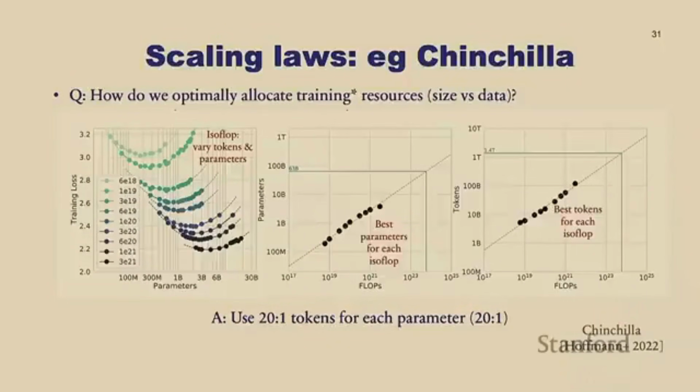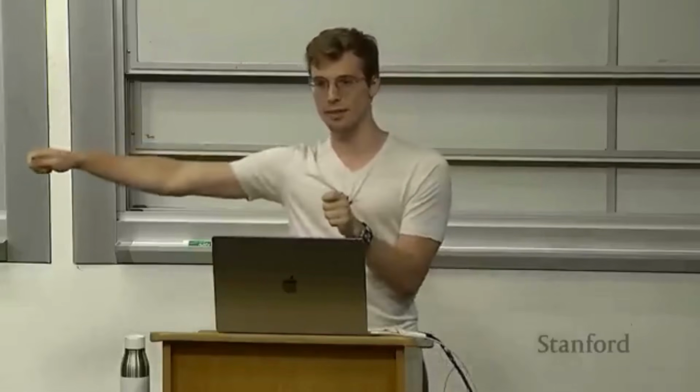One caveat here is that this is optimal training resources. That is telling me, if you have 10 to the power 23 FLOPs, or, I don't know how much that is, $100 million, or, no, that's much less actually. Let's say I have $5 million to train my best model that gets the lowest loss. What would I train on? In reality, these companies need to think about inference also. If you have a smaller model, they will spend less over time.